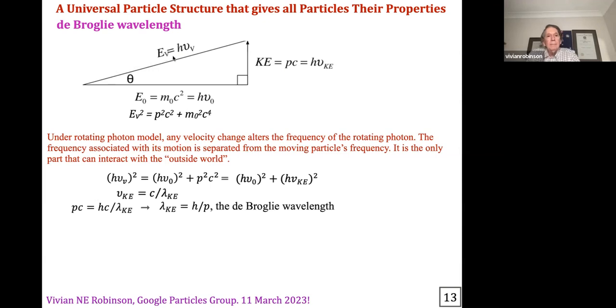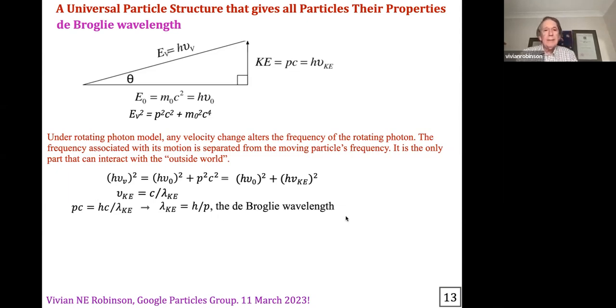When it has energy E_v, its frequency changes from nu0 to nu_v, given by the relationship E_v squared plus p squared c squared equals m0 squared c to the fourth. The KE is pc equals h nu KE. You can just go directly from there to here: pc equals hc over lambda KE, gives lambda KE equals h over p, which gives you the de Broglie wavelength.